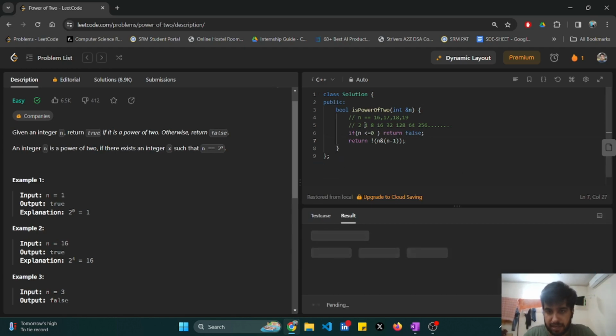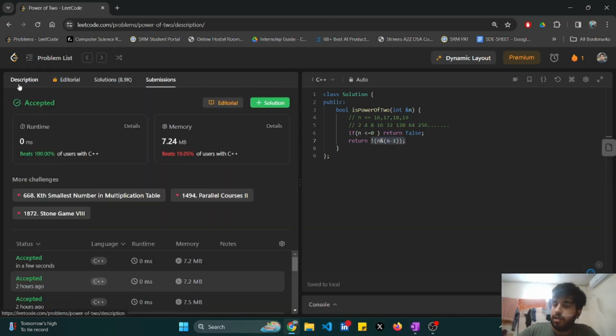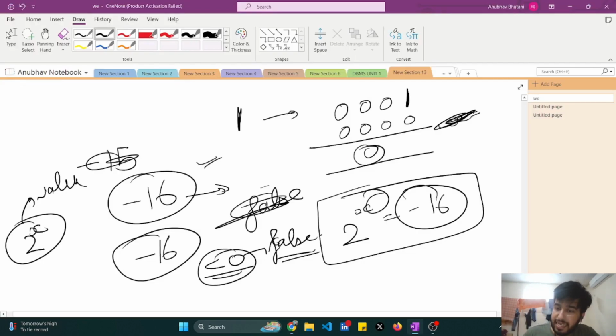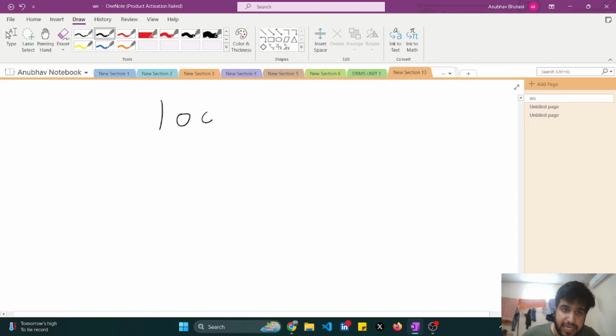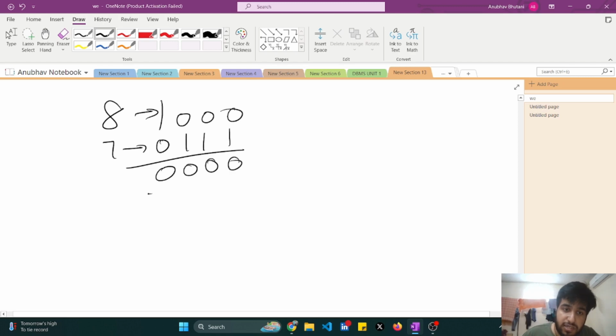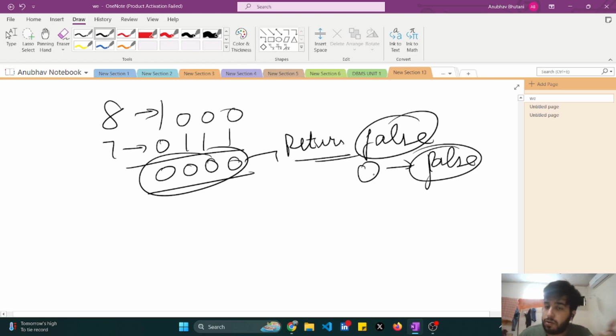And I'll try to submit it. Now you will ask, why have you written this not? Because the bitwise AND of 8 and 7 becomes 0000. If I simply return it, my answer would be false, because 0 acts as false and any other value acts as true.